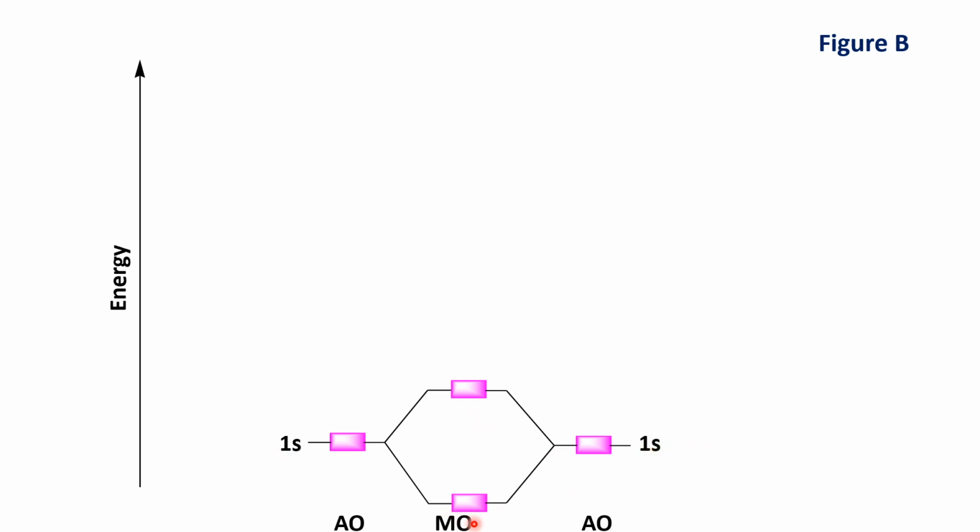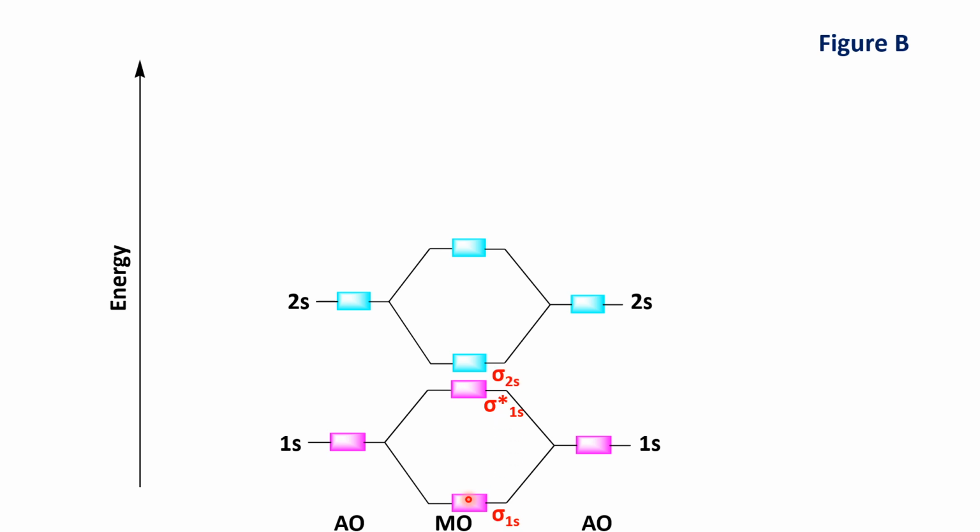It forms the bonding and the antibonding. Bonding is sigma 1s, antibonding is sigma asterisk 1s. Then we are having the second diagram, for the 2s atomic orbital. On one side we are having 2s, on the other side also 2s. Then the formation of the MO, that means the molecular orbital. The bonding is sigma 2s, antibonding is sigma asterisk 2s.